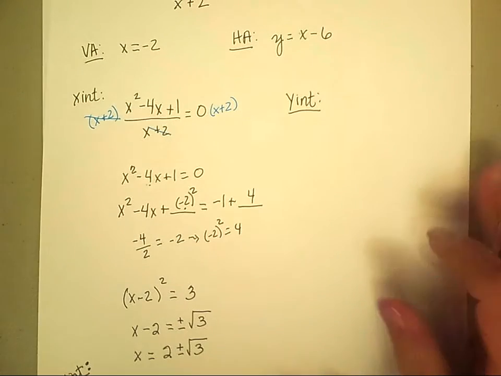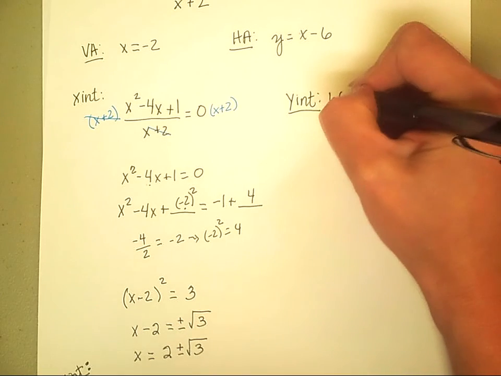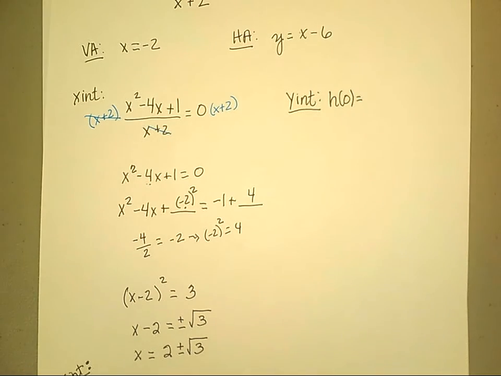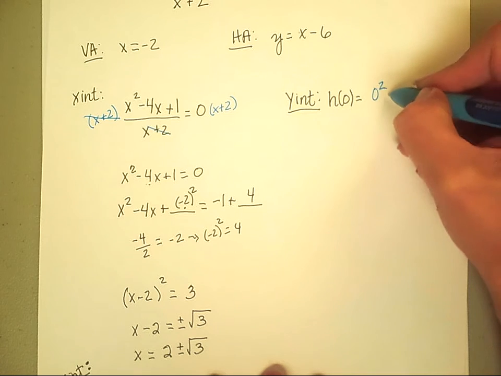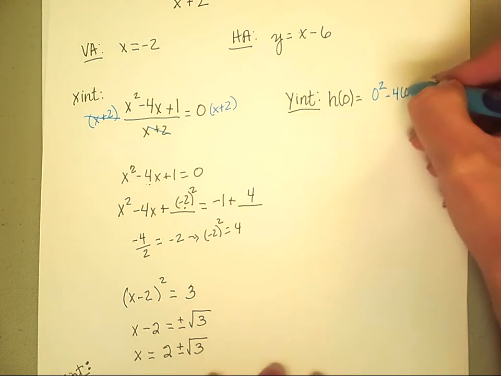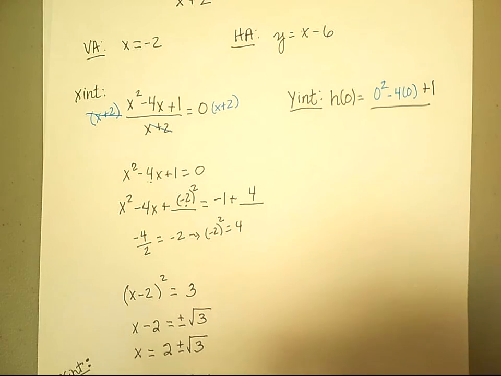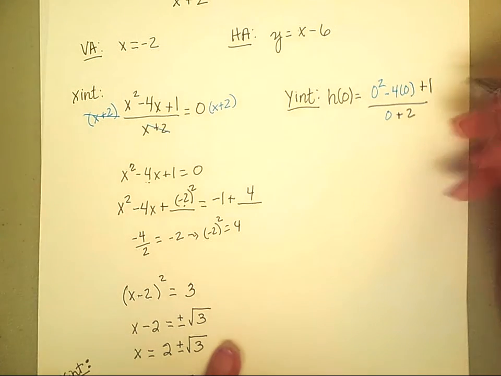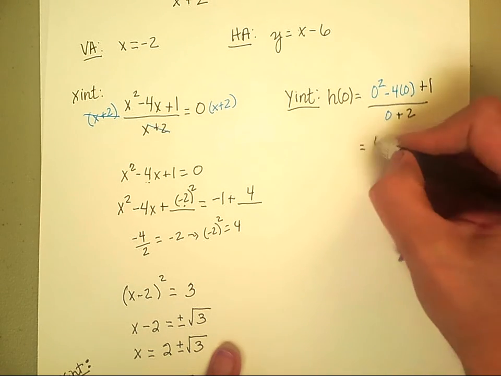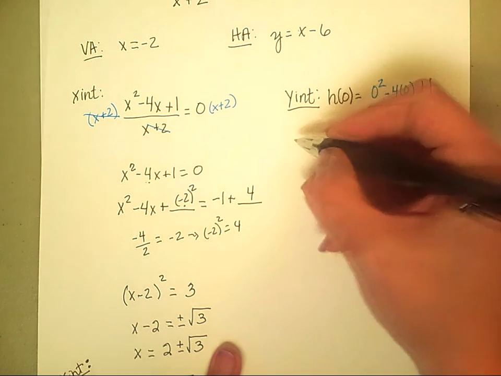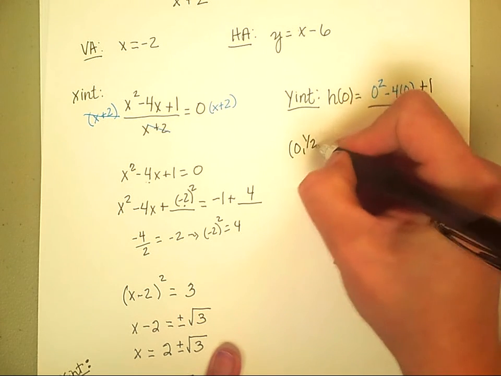Okay, so for the y-intercepts, we have to find h of 0. Okay. So that is, we'll put in 0 squared minus 4 times 0 plus 1 over 0 plus 2. Okay. So h of 0 is just equal to 1/2. So we have a y-intercept of 0, comma 1/2.